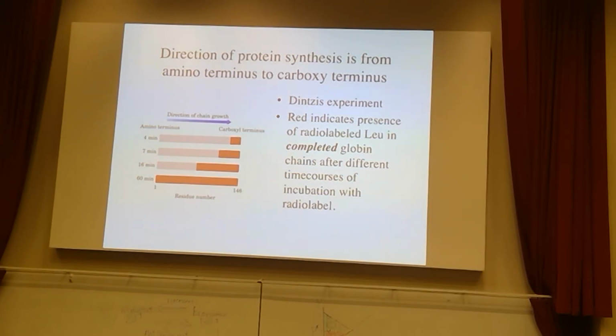And not surprisingly, synthesis of proteins is conducted in a very specific direction as well. That is, from the amino terminus to the carboxy terminus. So if you take a look at a polypeptide sequence, a protein sequence, the last residue that's placed onto that polypeptide chain by the ribosome before it produces its product is that amino acid right on the C terminus.